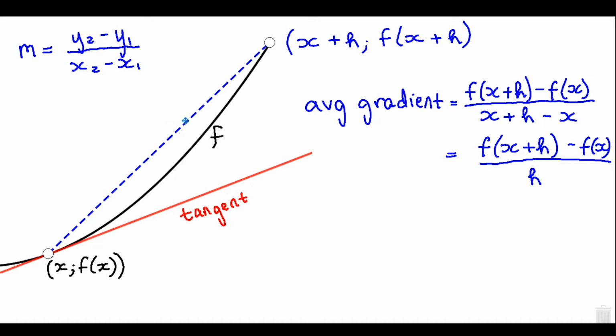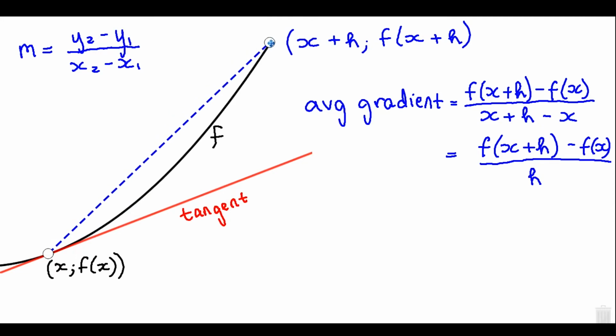Now, let's take a look. If we were to bring this second point a little bit closer, what we can see is that the gradient of the blue line is becoming a better and better approximation of the gradient of the red line. Remember, we're trying to find the gradient of the red line. So the question is, how big do we want h to be? The answer is that we want h to be as small as it possibly can be. h can't be 0, right?